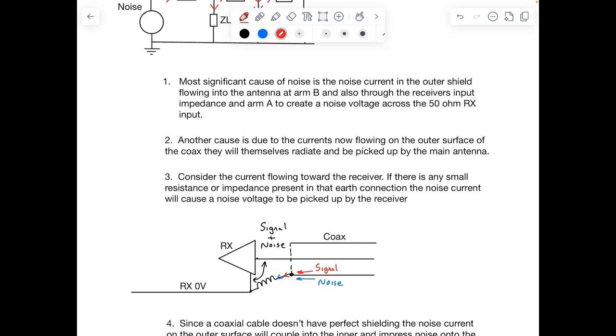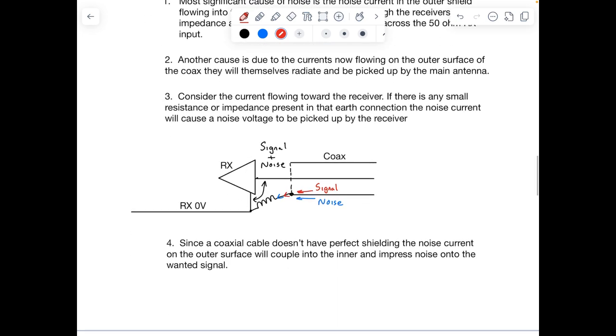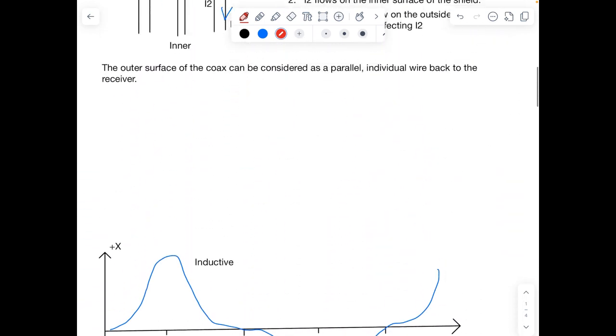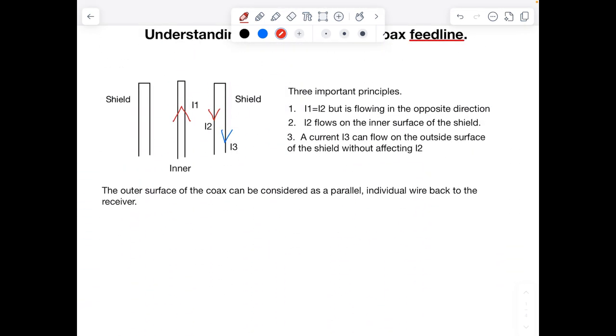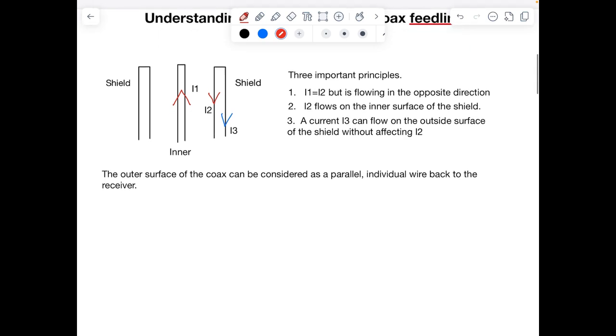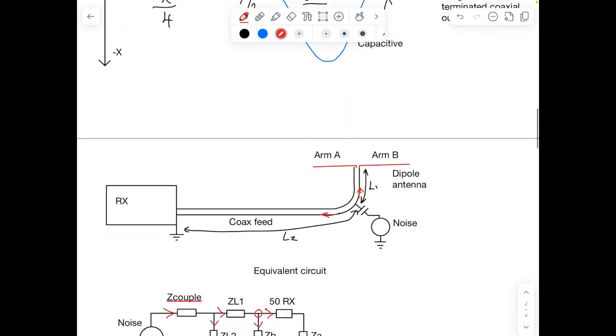I've drawn a small diagram here to try and indicate what happens. In the coax, we've got the signal, which is I2 in the initial diagram of the coax. The I2 is the wanted signal, and the I3 is the noise signal.